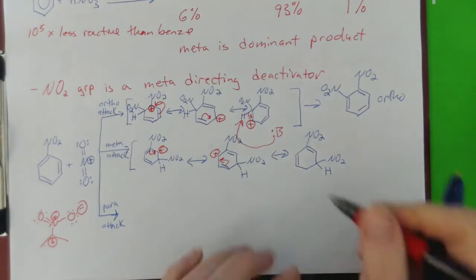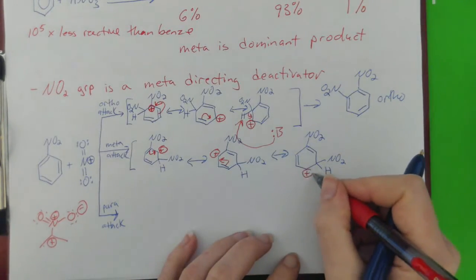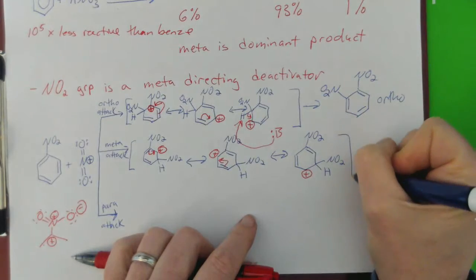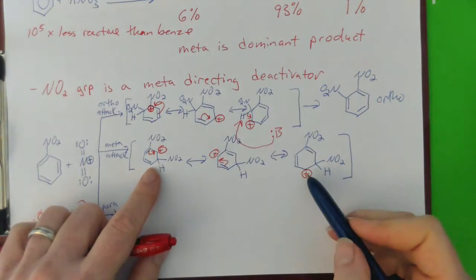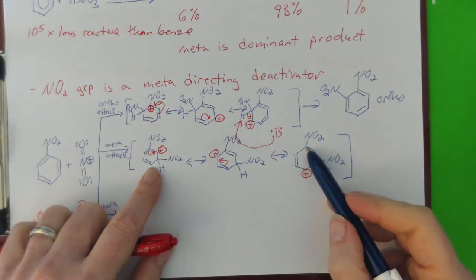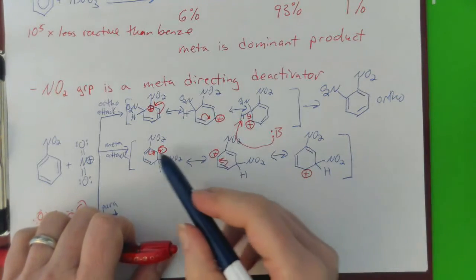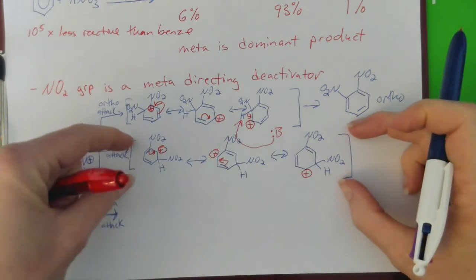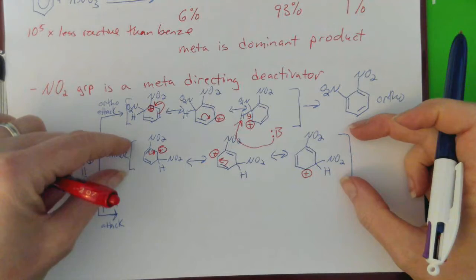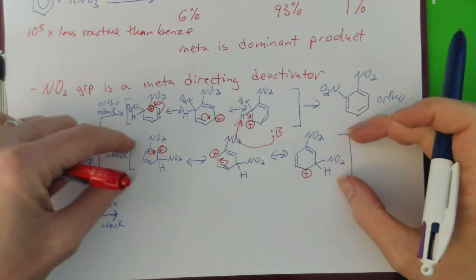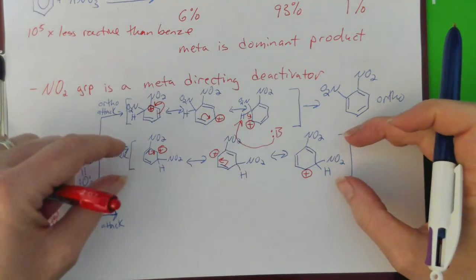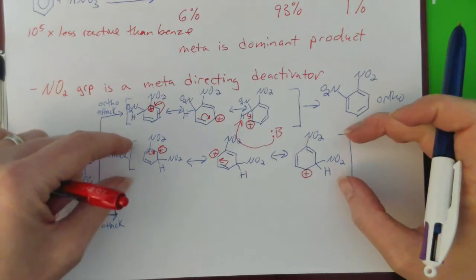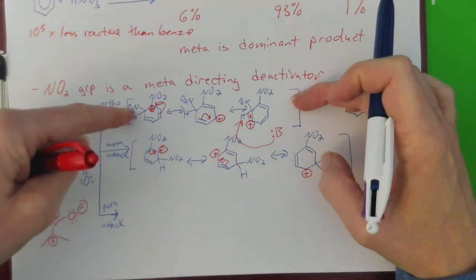And then my plus charge is here. Okay, so notice with meta attack, we don't see the plus charge at this position. Okay, so right away, I expect this arenium ion intermediate, this sigma complex intermediate, to be lower in energy, more stable than that for ortho.